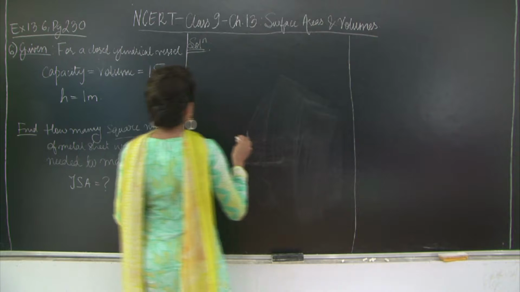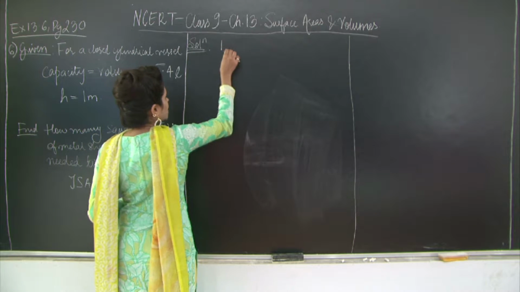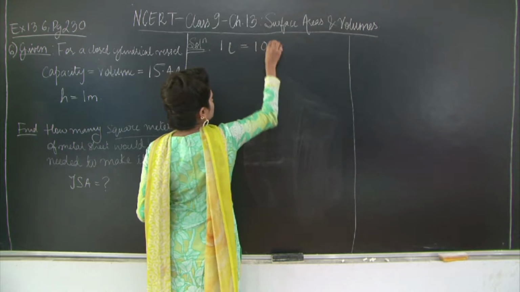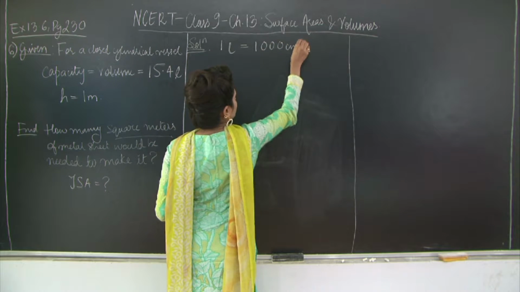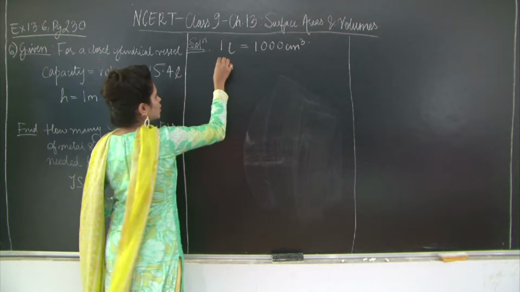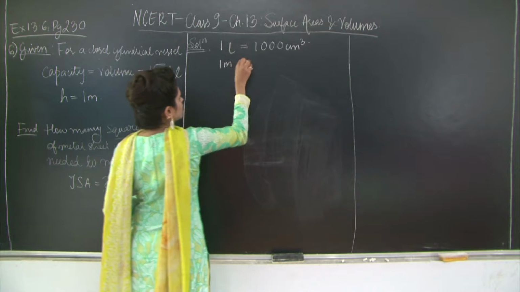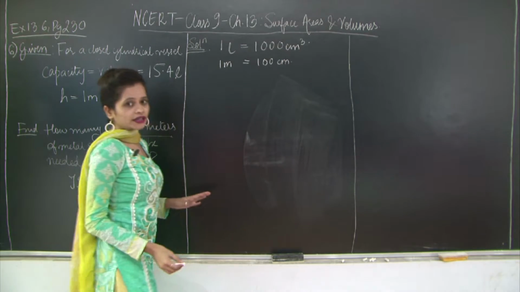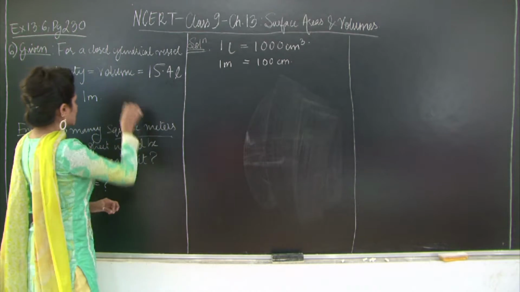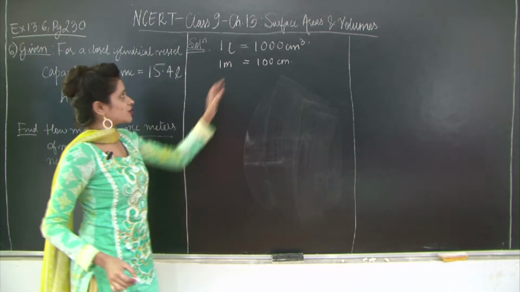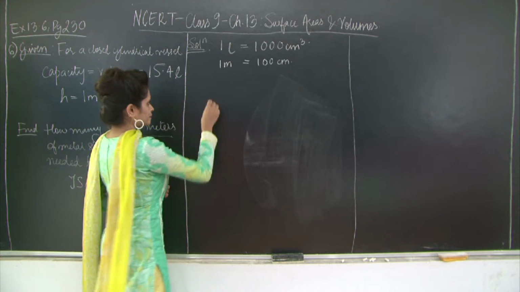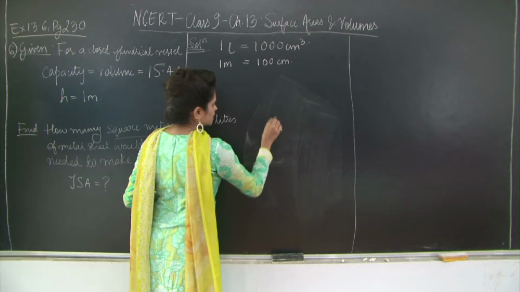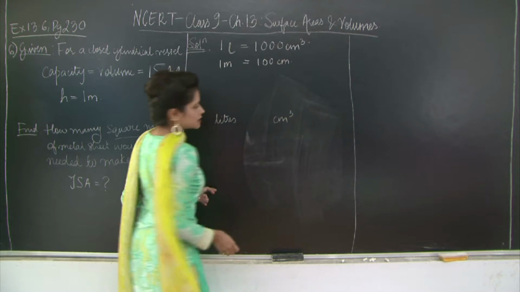So let's get started. Now we know that 1 liter is equal to 1000 centimeter cube, and we also know that 1 meter is equal to 100 centimeters. Let's first convert 15.4 liters into centimeter cubes. This is volume.